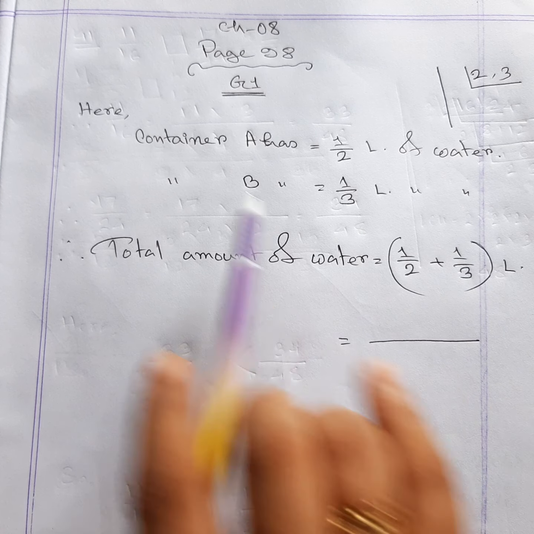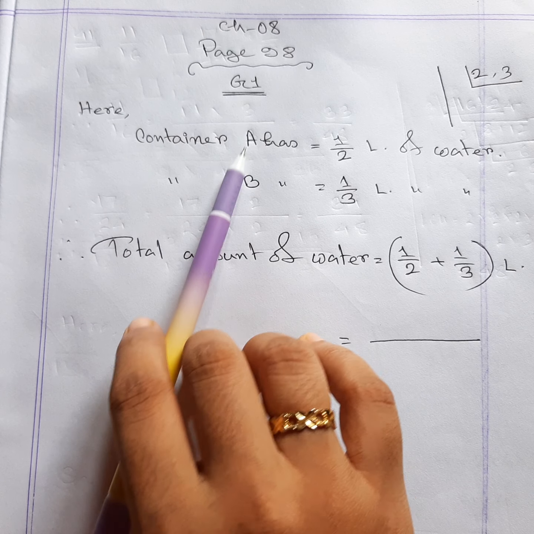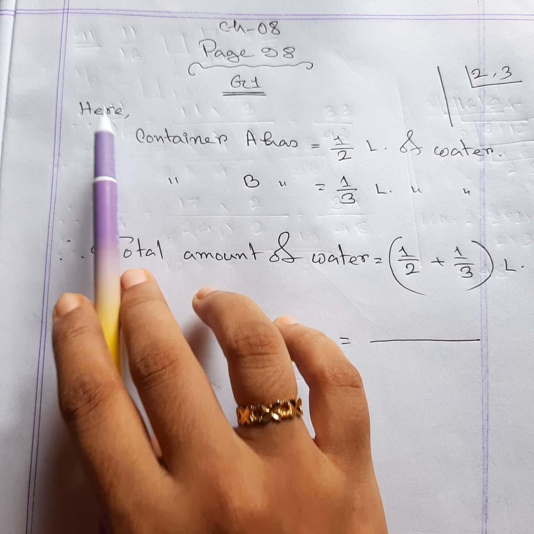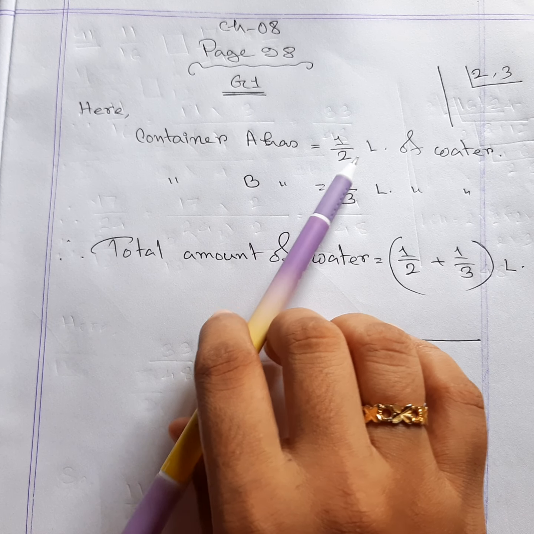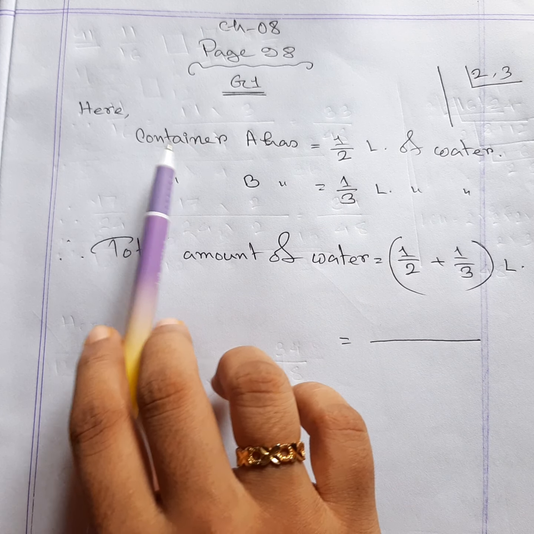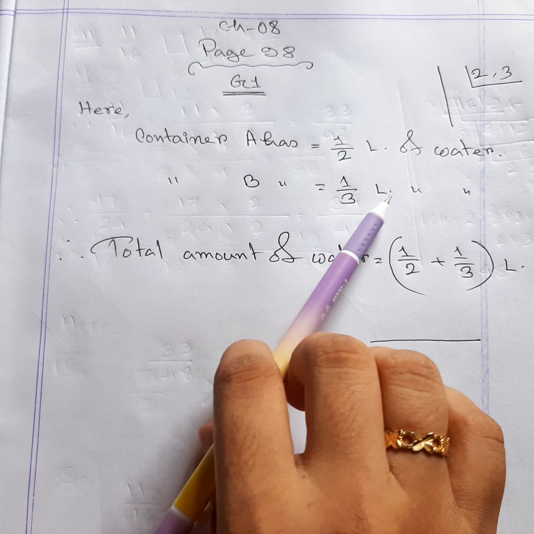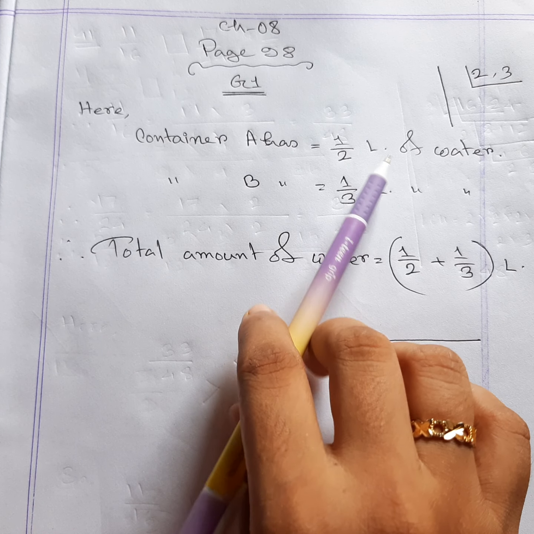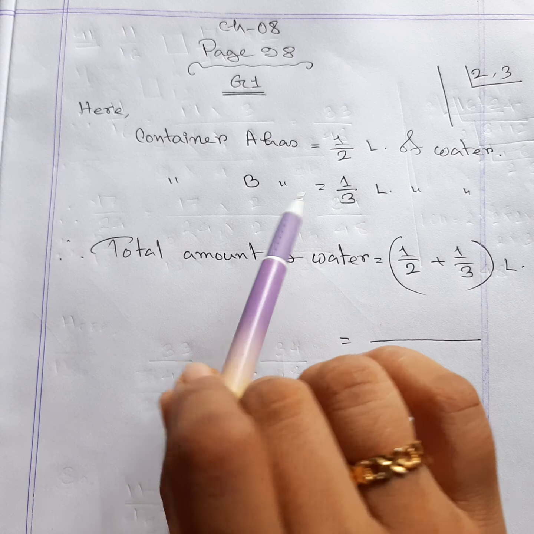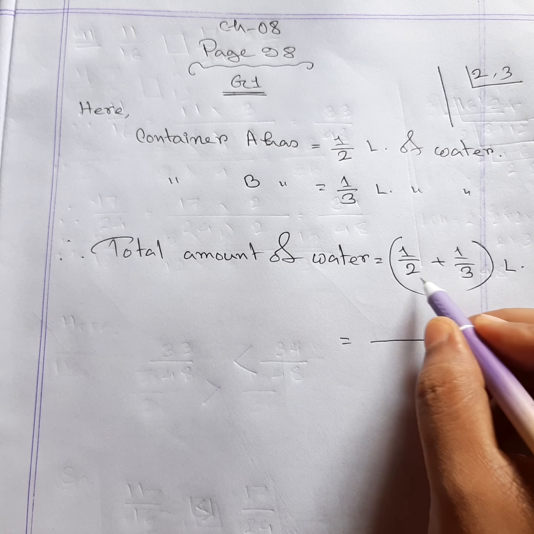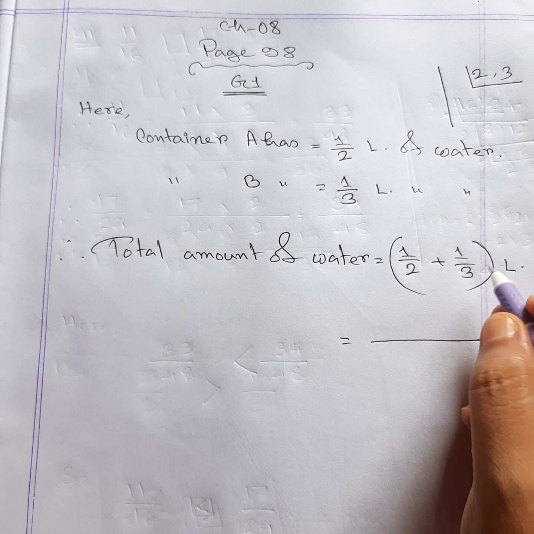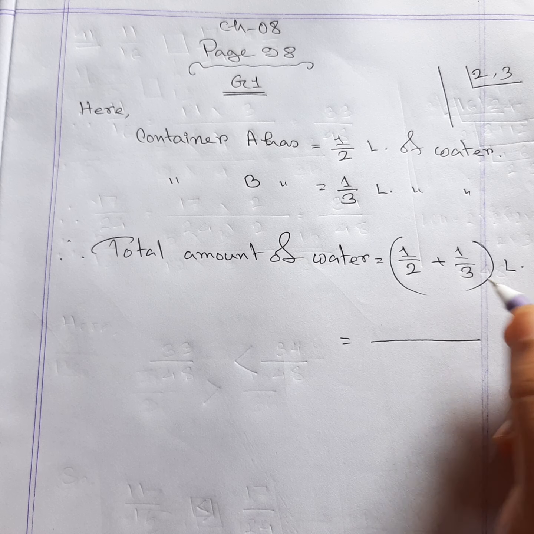Okay, over here you can see that I have given the information. You can say "given" also. I have written: container A has 1/2 or half liter of water, and container B has 1/3 liter of water. So the total amount of water, we are supposed to add them, and for that we need to find the LCM of 2 and 3.